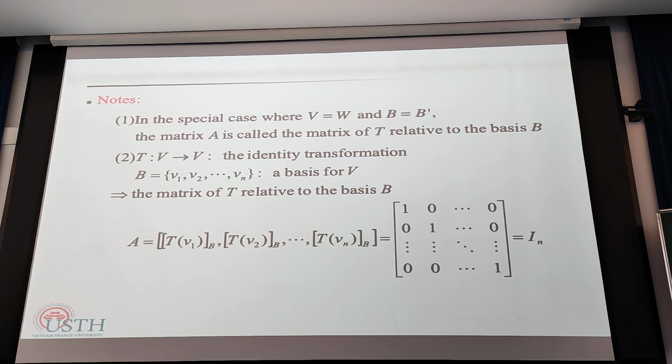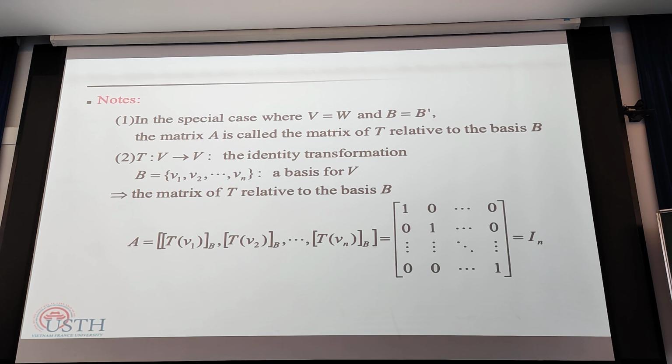Now I want you to pay attention to the special case, that is the case when domain and codomain are the same. In that case, usually we choose the same basis B on both domain and codomain.